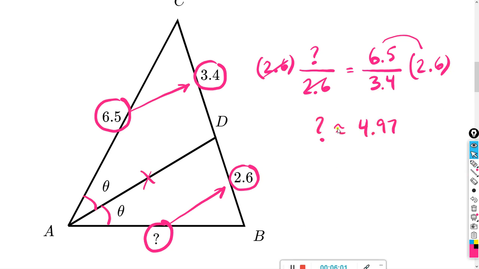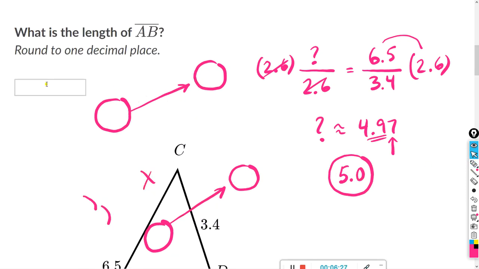So I got approximately 4.97, but I didn't round it off all the way because I wanted to show you. Once again, you look at the second decimal. If it's 5 or more, this gets rounded up. So the 4.9 is going to be 5.0. And really you don't need the 0.0. You can just write 5. So click inside the box and just type 5.